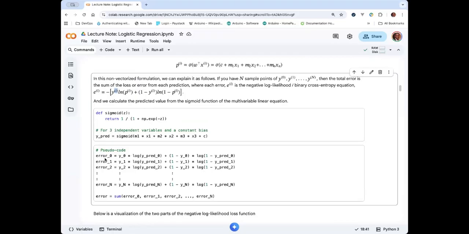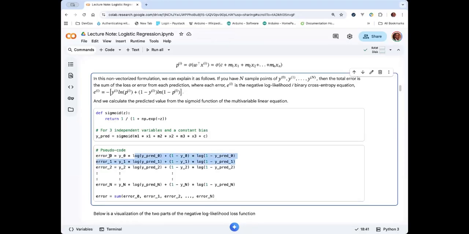What that means effectively is that the error for each data point is y for that data point, times the log of the prediction for that data point, plus 1 minus the actual value for that data point, times the log of 1 minus the prediction for that data point. As simple as that.